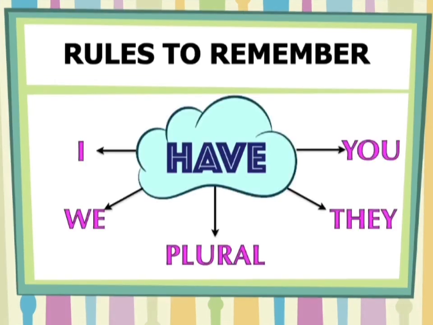I, when we are talking about ourselves. We, when we are talking about ourselves and other people around us. You, when we are talking about someone around us. They, when we are talking about many people. Plural nouns means when we are talking about many people or many animals or many things. Then also we will use have.